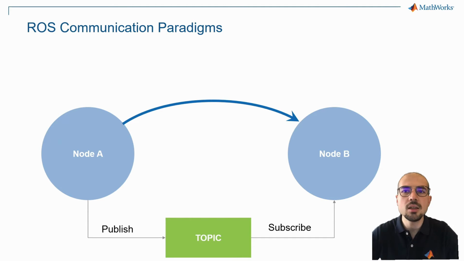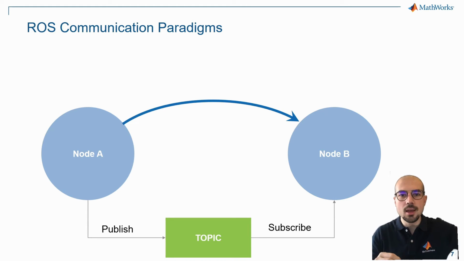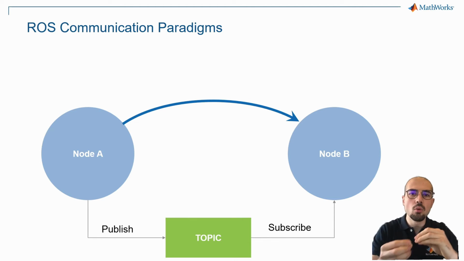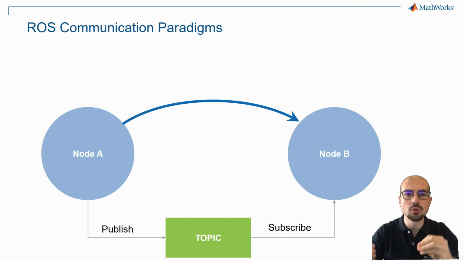In order to communicate, they use the so-called topic. A topic is a particular way to exchange messages. Node A wants to communicate something to node B, so it publishes a message on a topic, and then node B subscribes to this topic. So say node A says it's 10 o'clock. Node B wants to know what the hour is, subscribes to the same topic and reads the information, so it's 10 a.m.